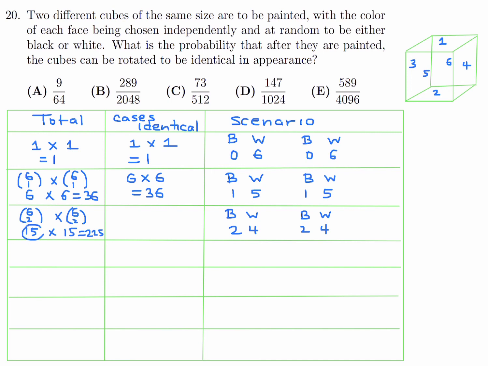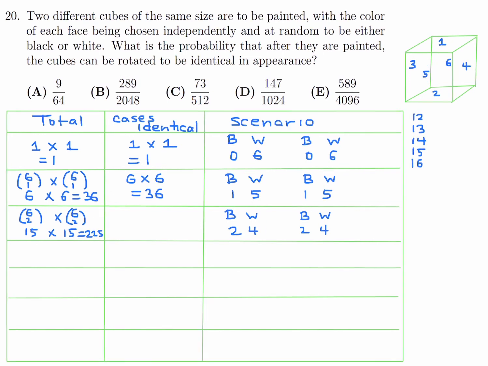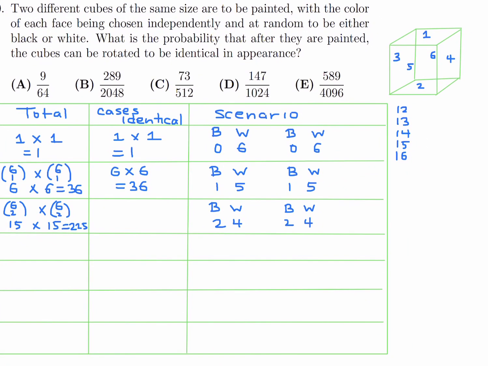Well, let's just concentrate on one cube. That's 15 different orientations. 15 is not that many, so I can write them out. 2 sides are painted black. So those 2 sides could be either 1, 2, 1, 3, 1, 4, 1, 5, or 1, 6. Or they could be 2, 3, 2, 4, 2, 5, 2, 6.